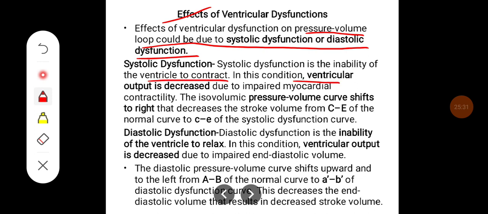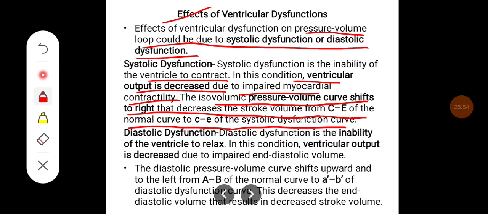So in this condition, ventricular output is decreased due to impaired myocardial contractility. So the isovolumetric phase curve shifts to the right, which decreases the stroke volume from C to E of the normal curve to the C to E of the systolic dysfunction curve.